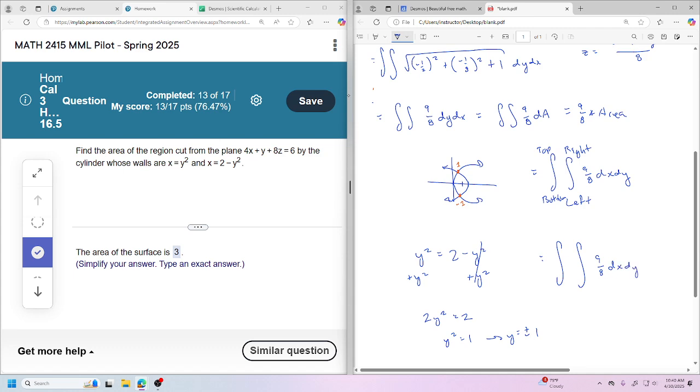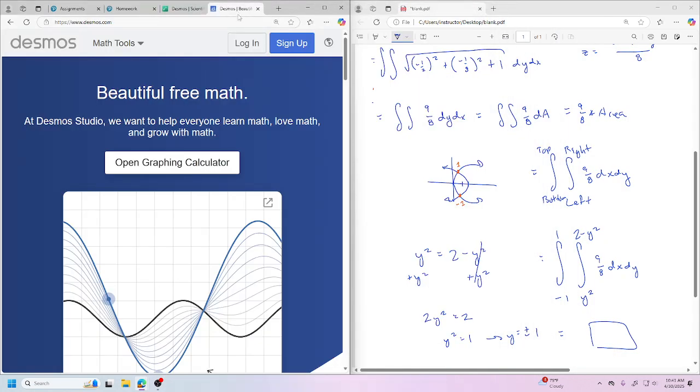Dx, dy, what would then be on the left side? Yes. Okay, cool. And then I would put? Desmos. Of course, Desmos.